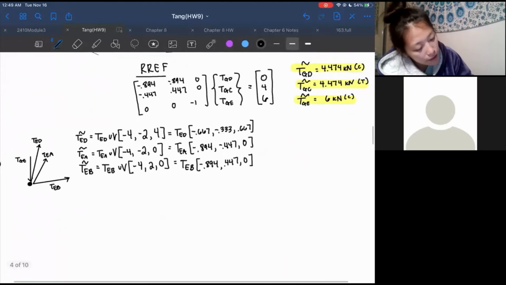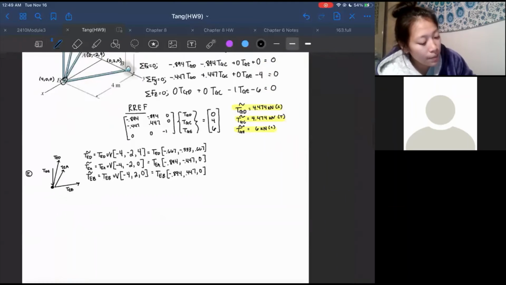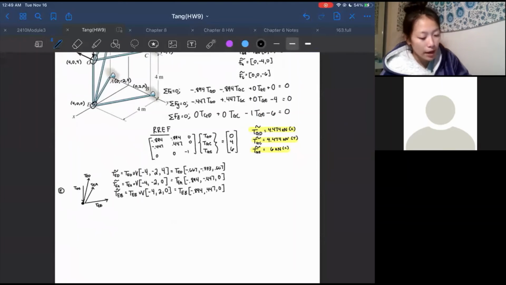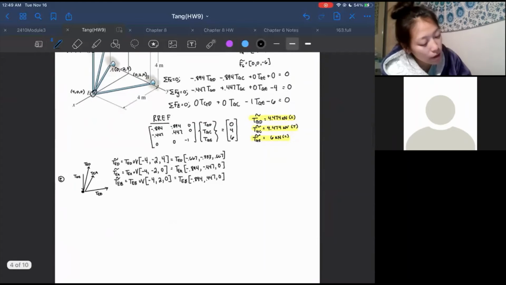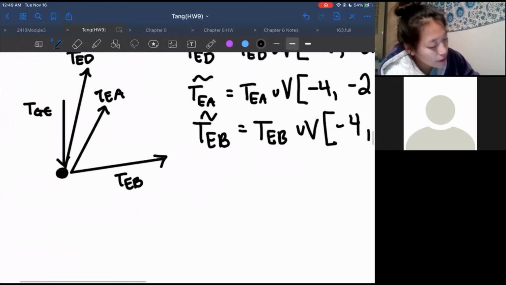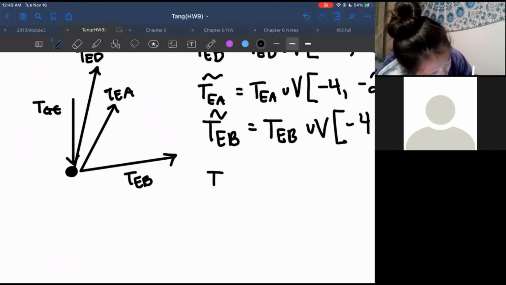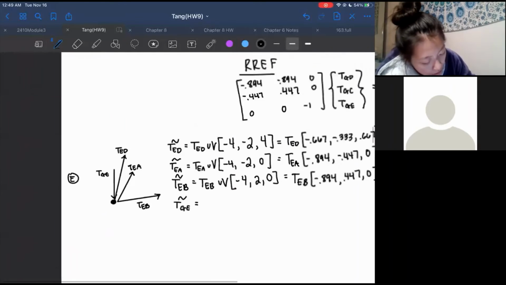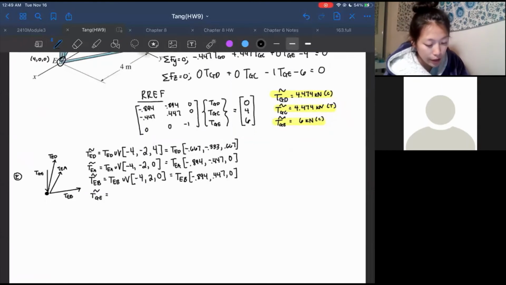All right, and then we do the same thing as before where we do sigma Fx equals 0, sigma Fy equals 0, and sigma Fz. Oh, sorry, I completely forgot to write TGE. Let me write that now. So we calculated that earlier, and we know that TGE only goes down in the z direction.